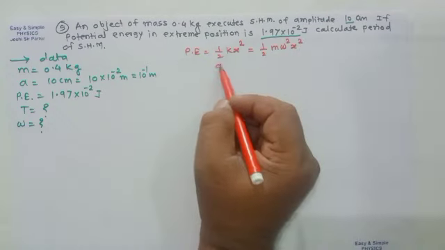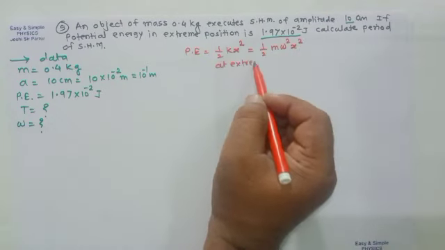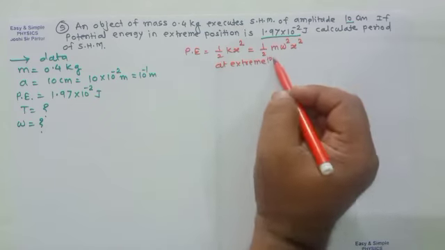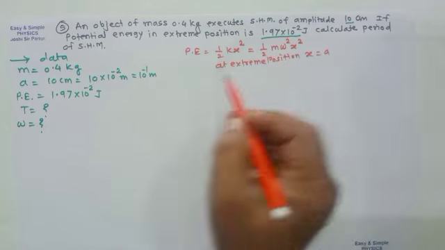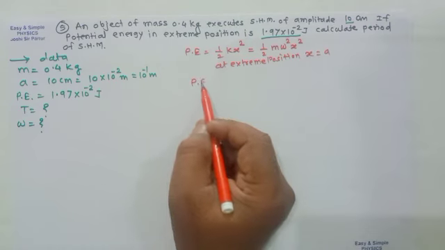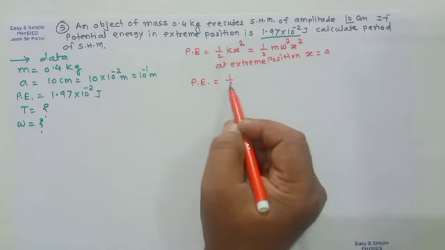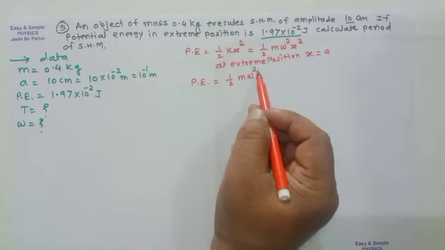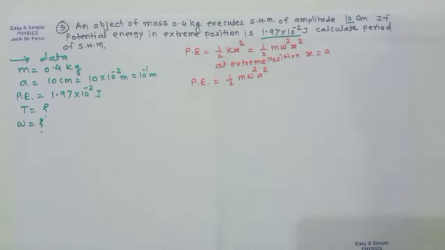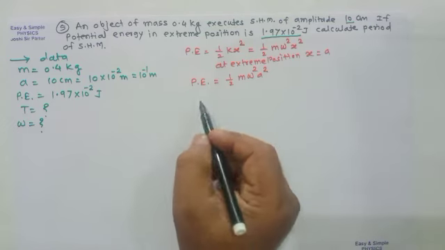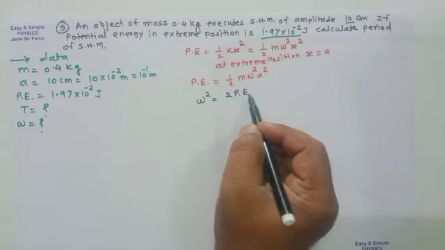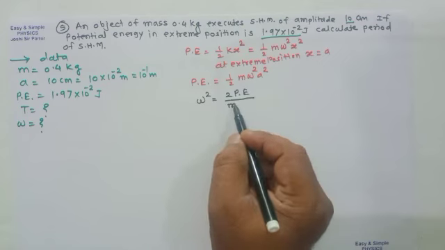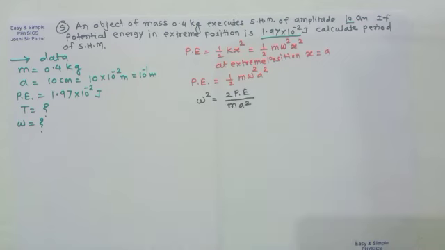But at extreme position, x is equal to A. So potential energy becomes half m omega square A square. Means we can write omega square is equal to 2 times potential energy divided by mass into amplitude square.